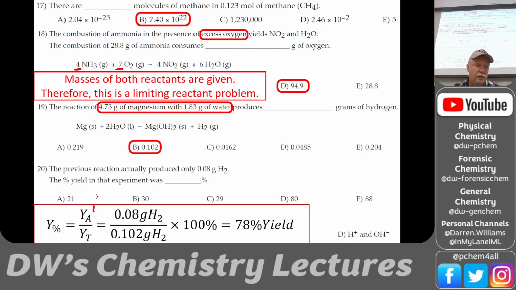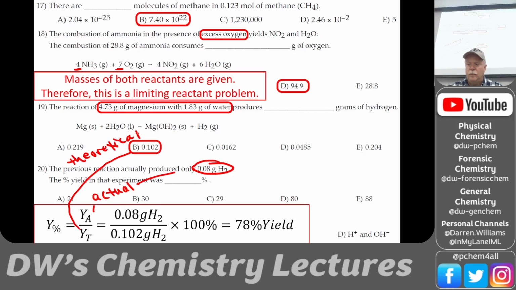So A is actual. And the theoretical here is this one. Times 100% gives us the percent yield. And so that's 78% or close to 80% yield.